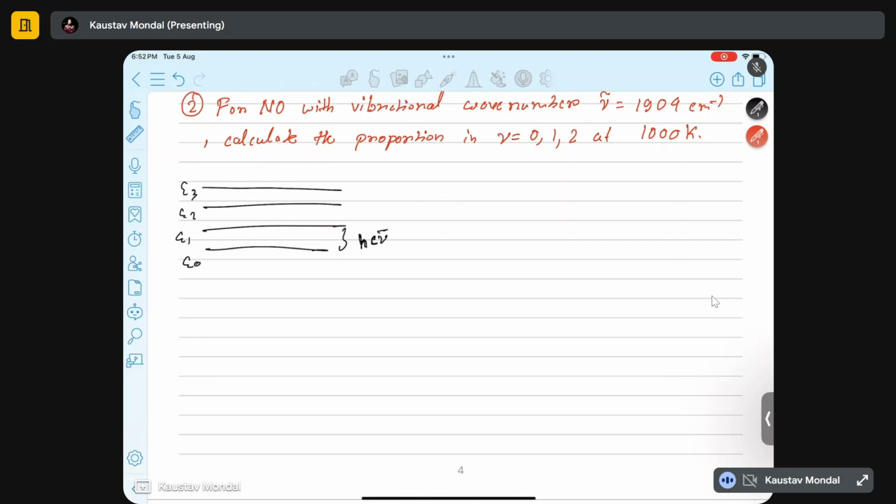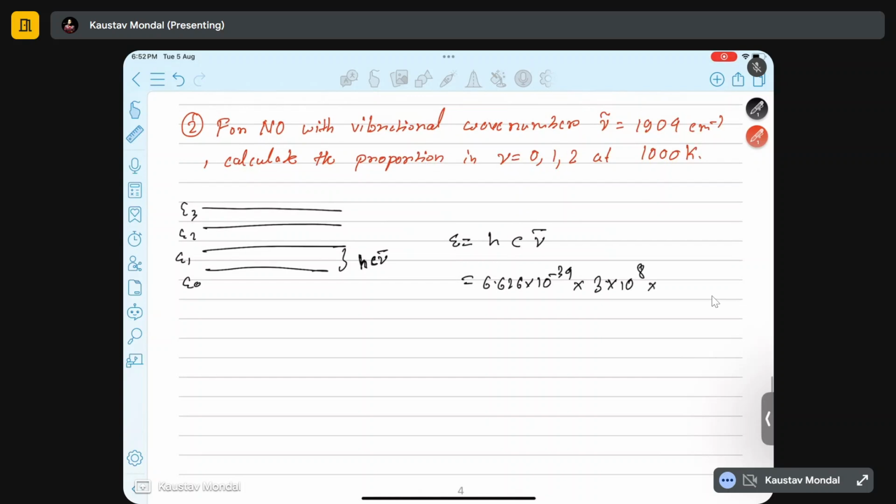So similar way, let's calculate difference in energy epsilon equals HC nu bar. So H we know 6.626 into 10 to the power minus 34 into C is 3 into 10 to the power 8. We are writing in meter inverse, and nu bar also have to write in meter inverse.